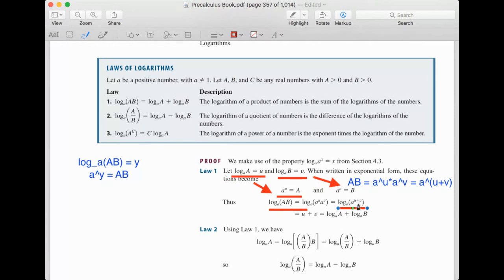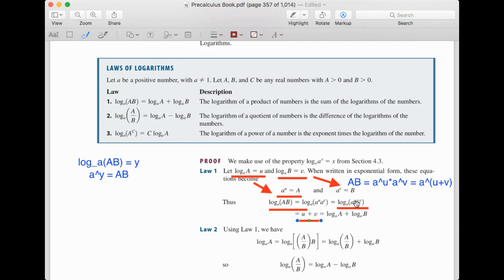That means y equals u plus v. So this becomes u plus v. When the value can be written in exponential form, and the base a is the same as the base of the log, you see the a just disappeared.